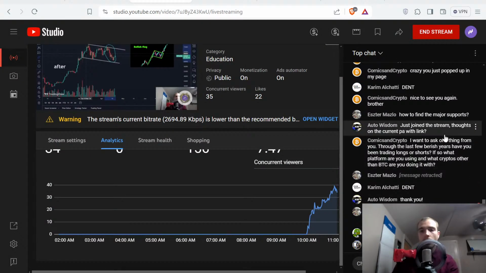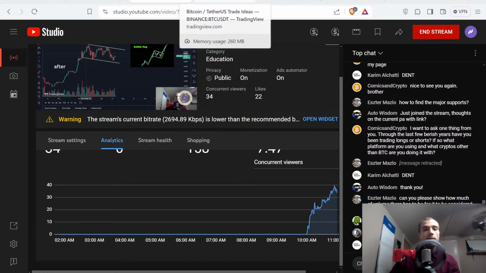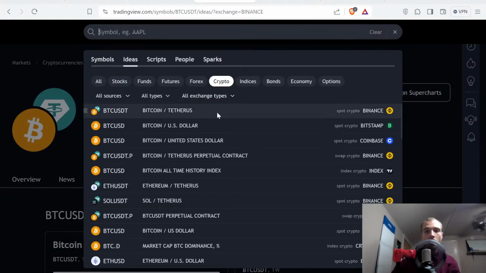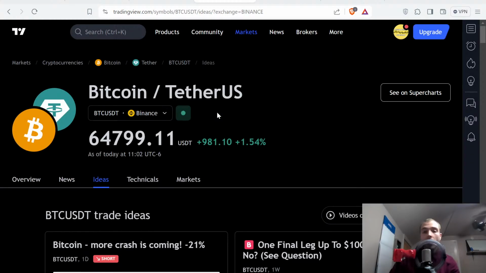Can you please show how much volume there has to be considered bullish? So volume is not relative, but it is relative to the coin that you're trading and the market that you're trading in. So for example, the Forex market has more daily trading volume than crypto does.